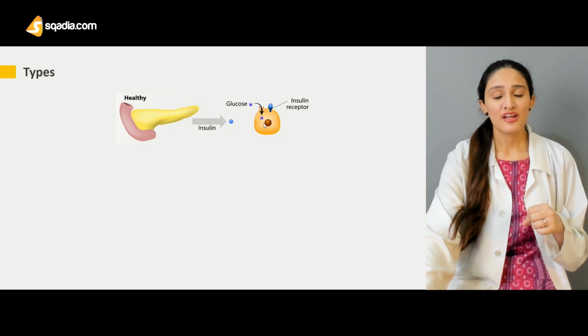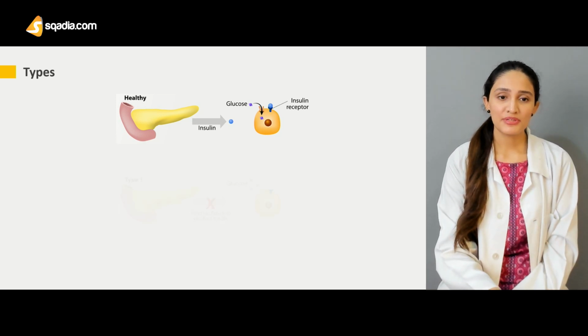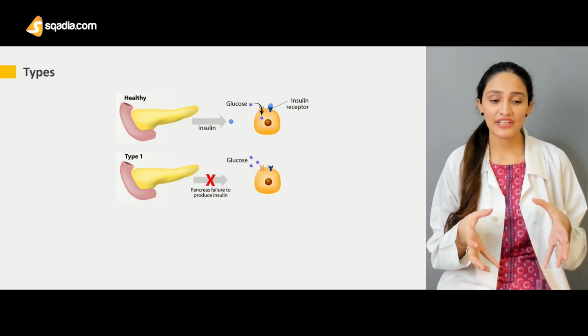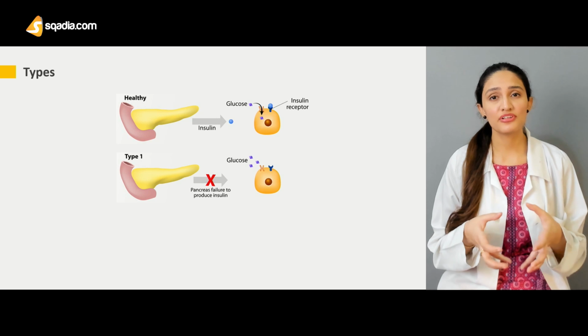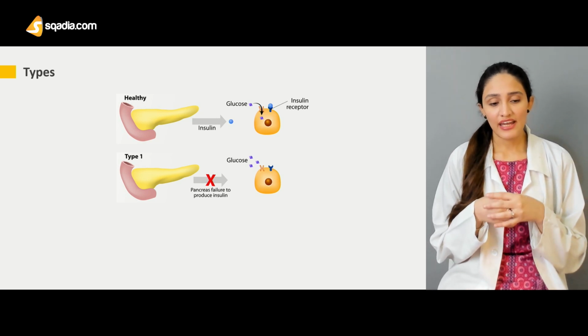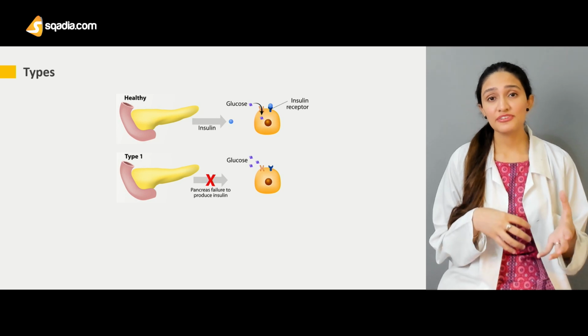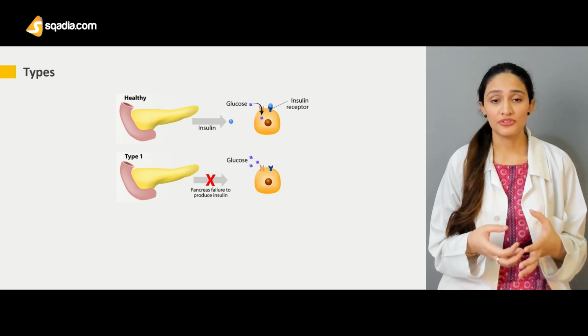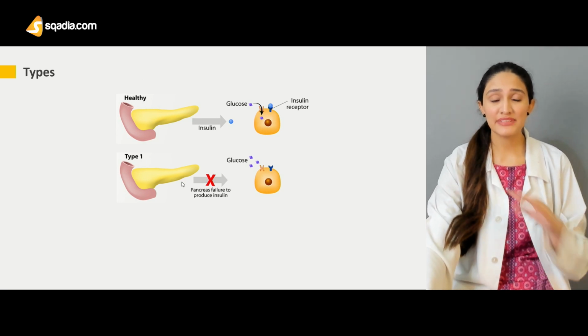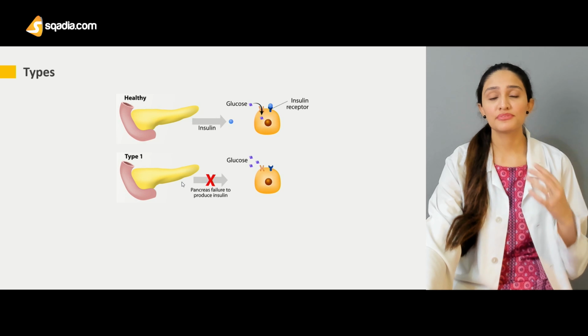into those cells. But now, if we talk about type 1 diabetes mellitus, what really happens is that it is characterized by the gradual loss of insulin-producing pancreatic beta cells, and this is usually secondary to an autoimmune disorder. So, the pancreas completely fails to produce insulin.